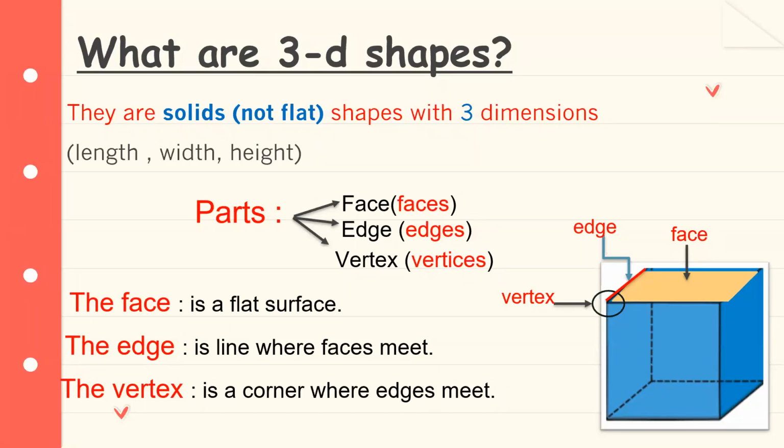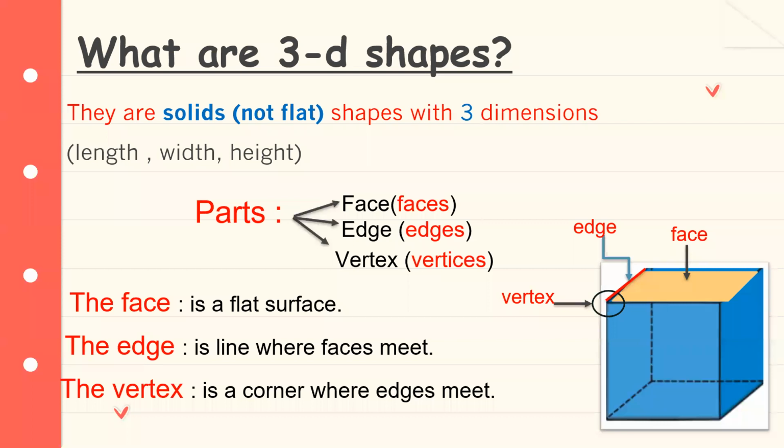Again, what are 3D shapes? 3D shapes are solids, not flat shapes, with 3 dimensions: length, width, and height. And also they have 3 parts: face or faces, edge or edges, vertex or vertices.